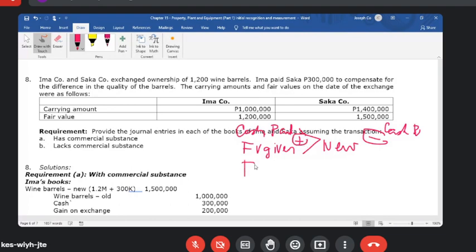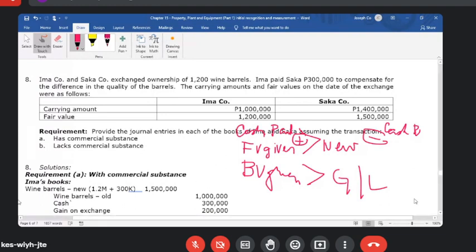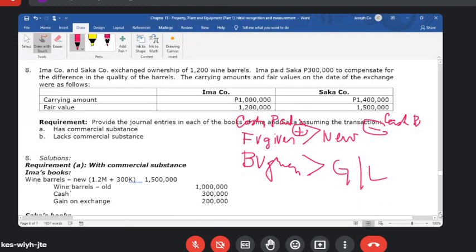Fair value given minus book value given is equal to gain or loss on exchange. Kaya under commercial substance, no, ang nagbayad dito si I, no, kay S, no, bayad siya ng 300,000 kasi mas malaki yung fair value ni S kaysa kay I, no.